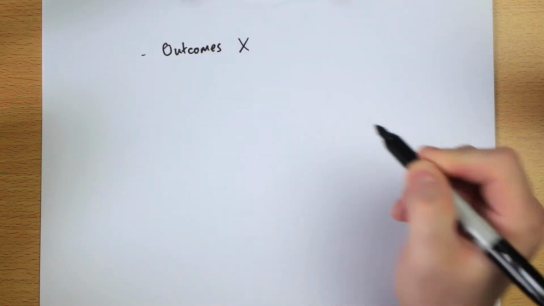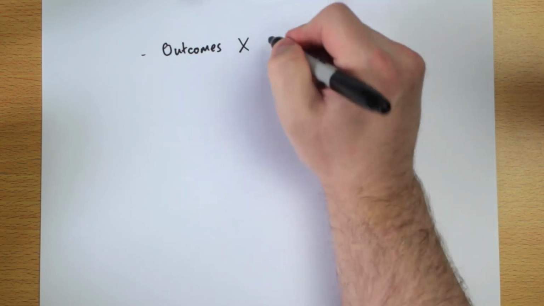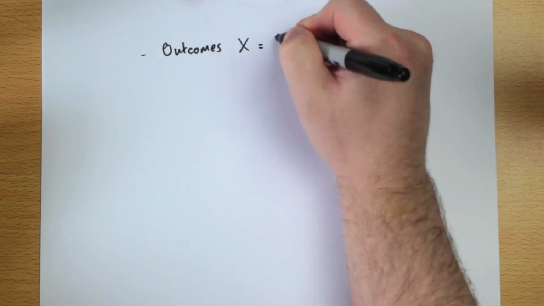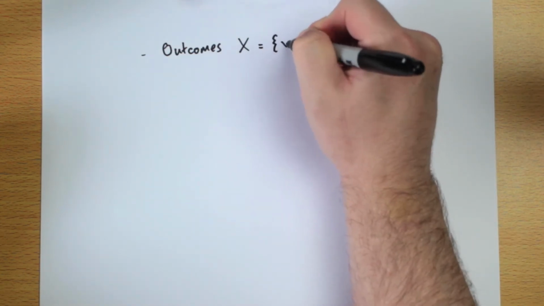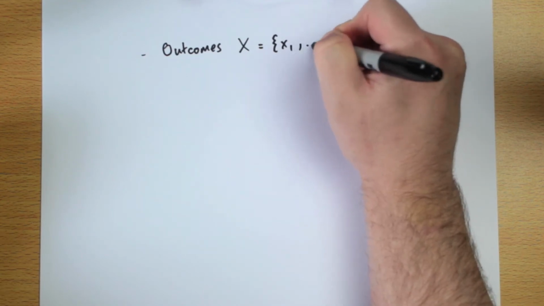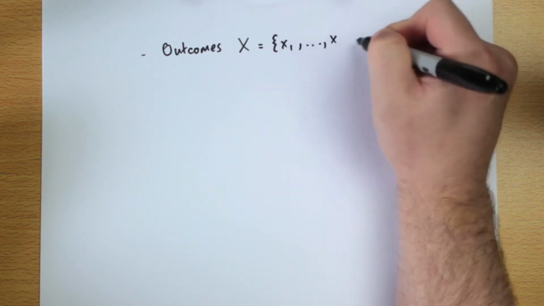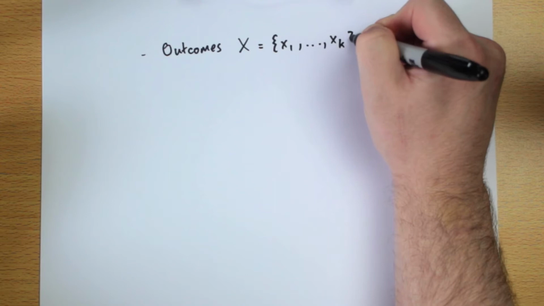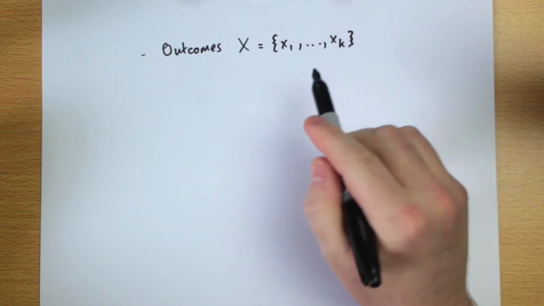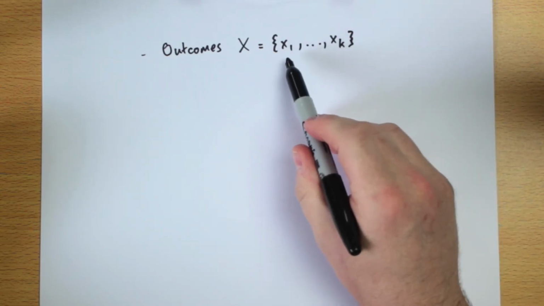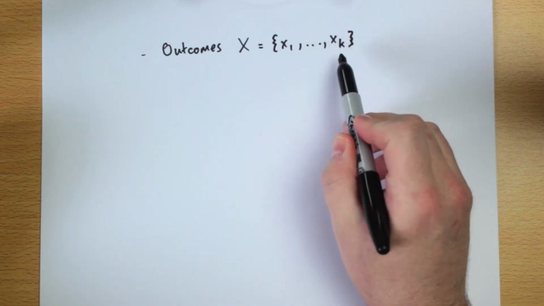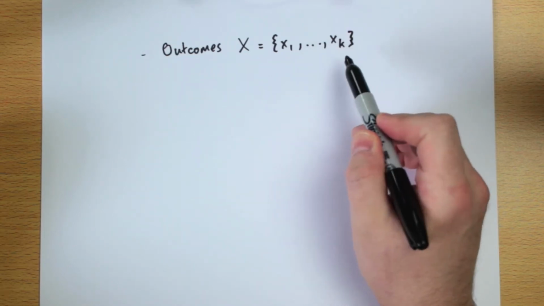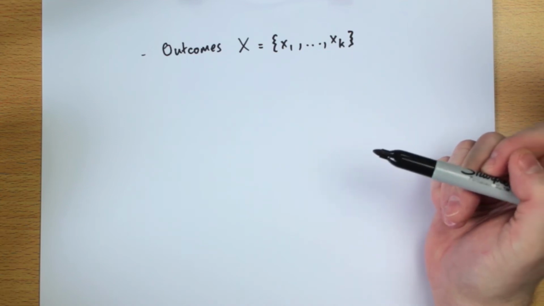We'll denote the set of these, so it's just an abstract set, capital X, and we're going to assume that this is a finite set. This is going to make life easier as we develop utility theory. So it has elements in the set of outcomes, outcome x1, all the way up to outcome xk, where k is some finite number, okay?